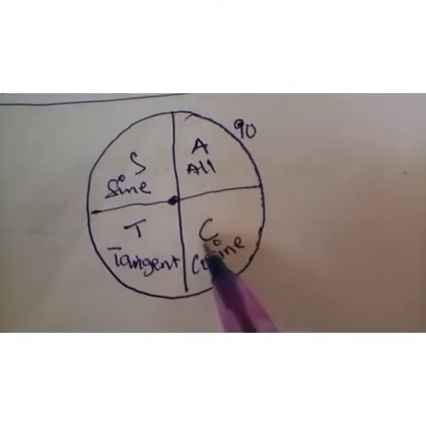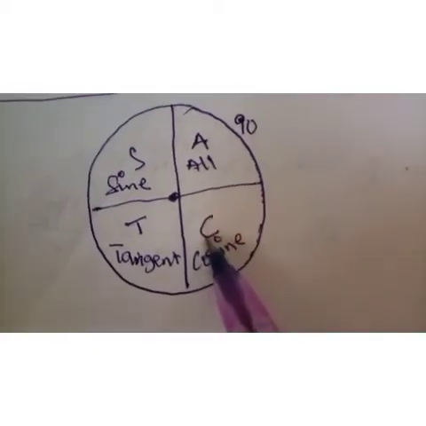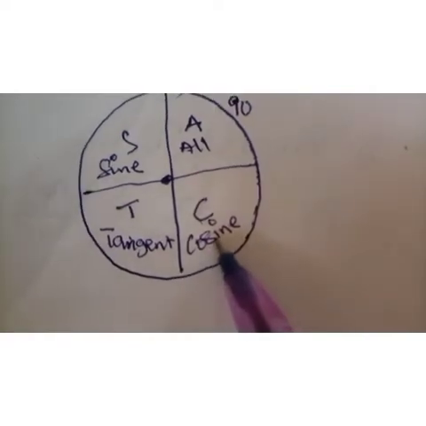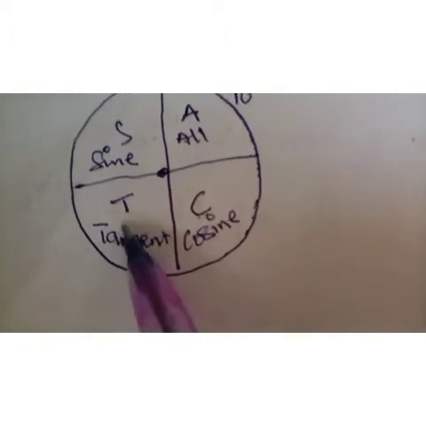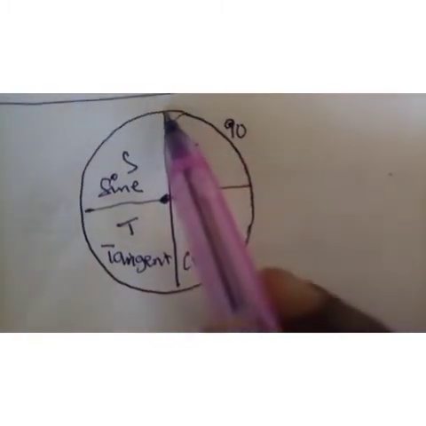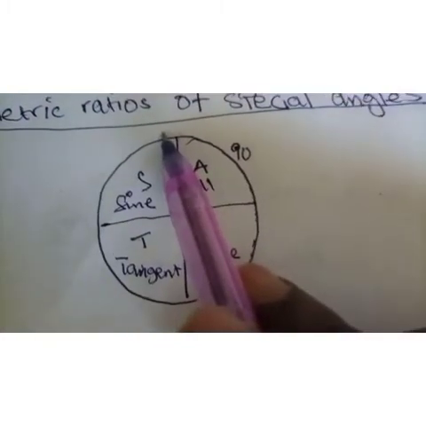If you look at this angle, here all the angles are positive. Here, cosine is positive, that is cos is positive here. Here is the tangent, that is tan is positive, and here is sine. So the angles move from 0 back to 360 degree.